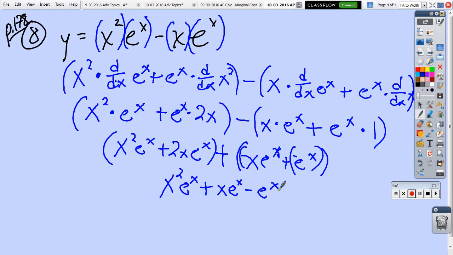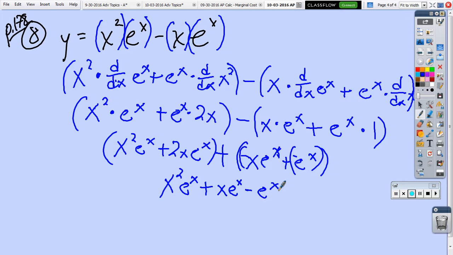Fantastic. Good job. All right, so for here we have y is equal to what we see in black. So we have product rule going on here, and we have product rule going on here. Product rule says the derivative of the first, or you can do derivative of the second, that's fine. I always say derivative of the first, leave the second alone, plus leave the first alone, derivative of the second, but this is also fine. So Harris did derivative of the second, leave the first alone, plus leave the second alone, derivative of the first.